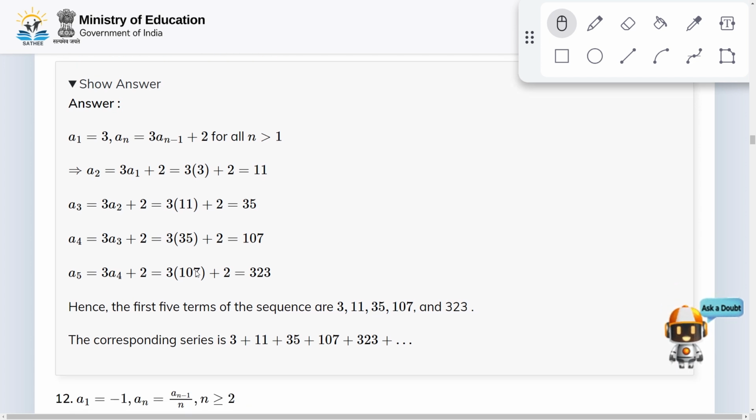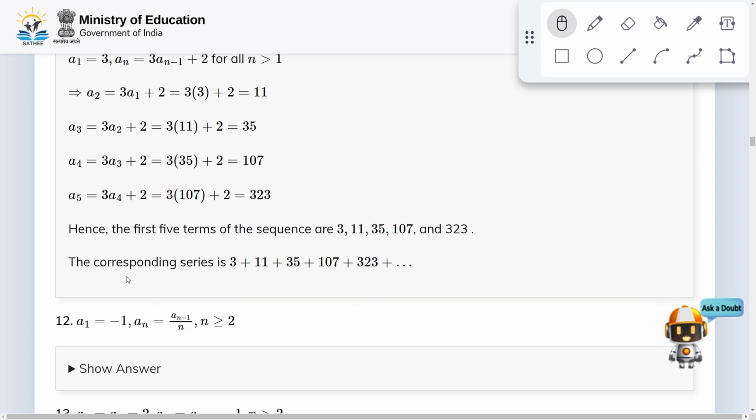This means 3 multiply 107 plus 2, which is 323. Hence the first 5 terms will be 3, 11, 35, 107, 323, and the corresponding series will be 3 plus 11 plus 35 plus 107 plus 323.